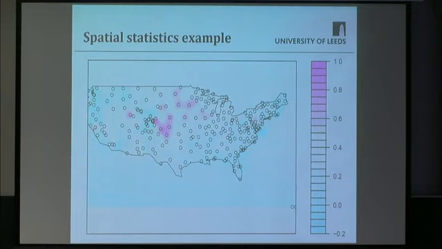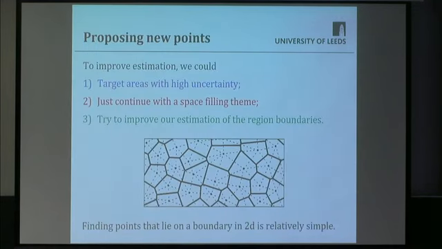So going back to one of the reasons that we're doing this, it's not just so we can build predictive models, improve them, and get discontinuities into these models. It's actually trying to find where these discontinuities are and to tell scientists where there might be issues in the models as well. So when we think about maybe improving estimation based on these types of models, you might think, well, we might just target areas with high uncertainty, which is a reasonable strategy.